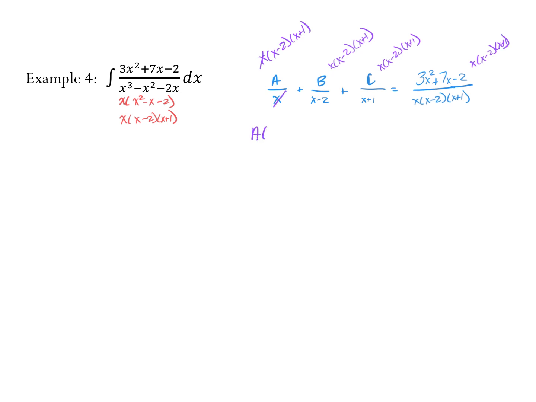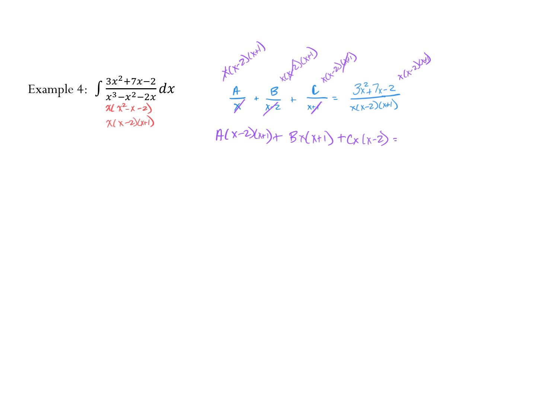I have a times x minus 2, x plus 1. For this one, the x minus 2's cancel, and I have bx, x plus 1. Here, the x plus 1's cancel. I have cx times x minus 2. Left side, everything cancels.